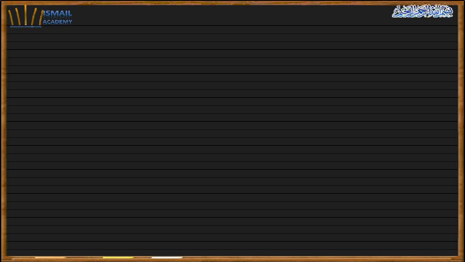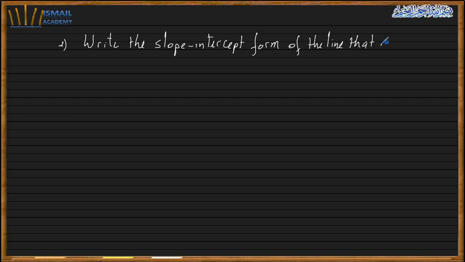So write the slope-intercept form of the line that passes by the point 7, 1, with slope m equal minus 4 over 7.